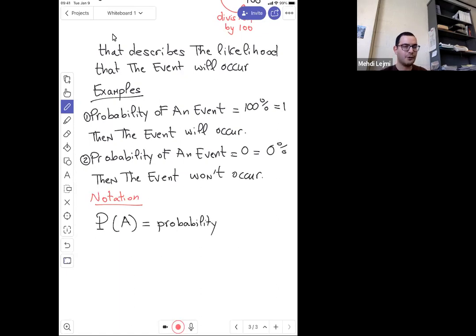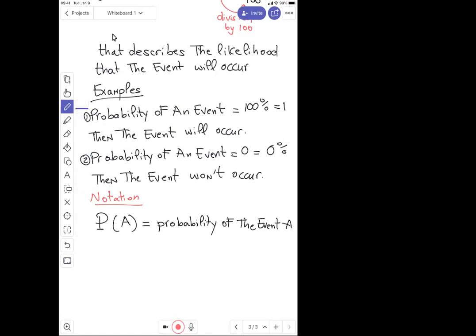So capital P of A is the probability of the event A.